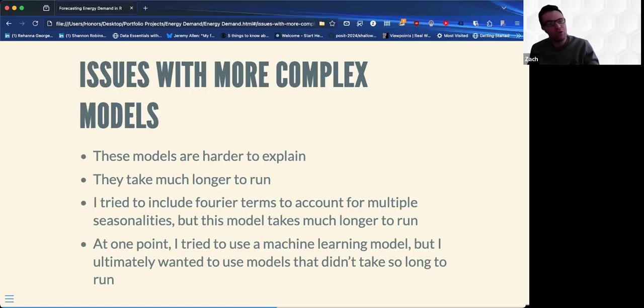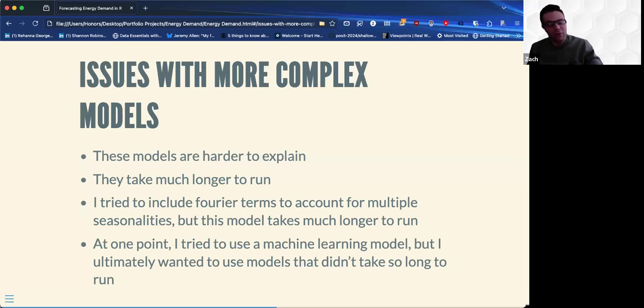These models are much harder to explain, and they take much longer to run. At one point, I tried to build a machine learning model, but I decided against that just because it was taking so long to run, especially on this very large data set.